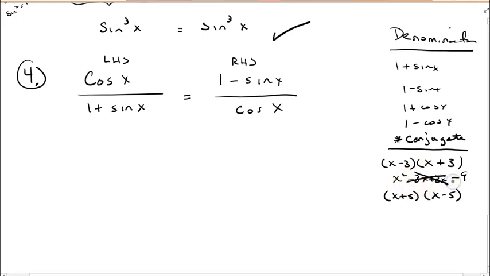So it's just x squared minus 9. Same idea here: x squared minus 25, because 5x minus 5x is going to cancel away. And you still may be thinking, well, I don't know how that helps me here. Let's try it, and hopefully you will see why it helps you.